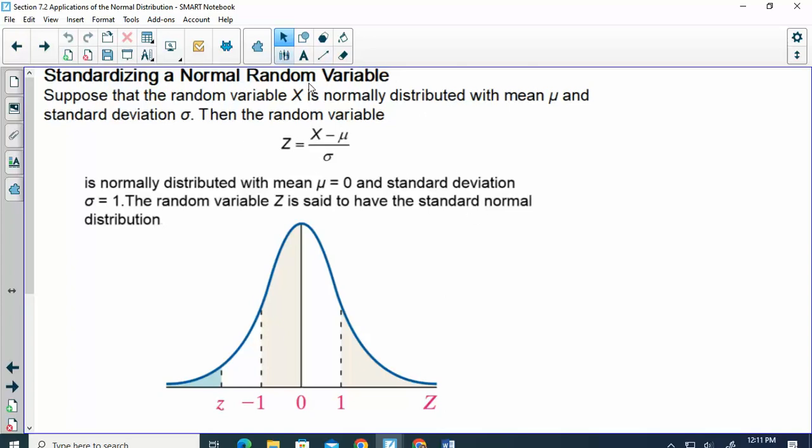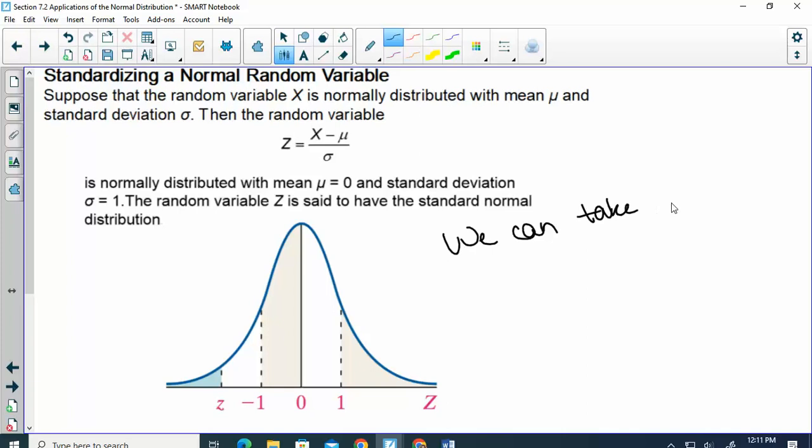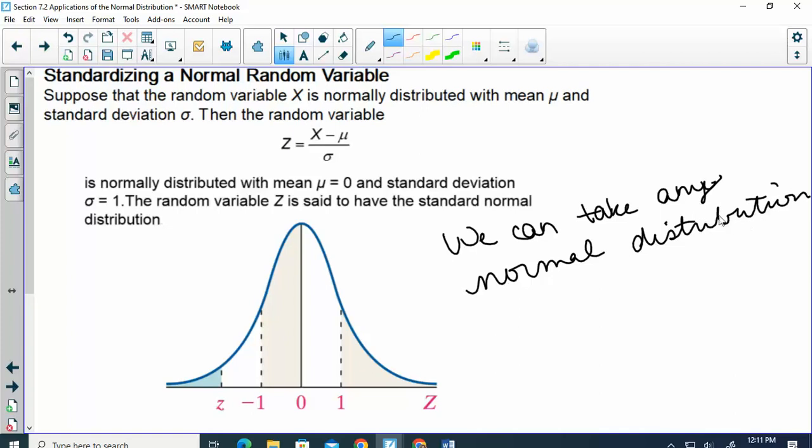So the idea is we can take any normal distribution, convert it to z's, and use the probability table.